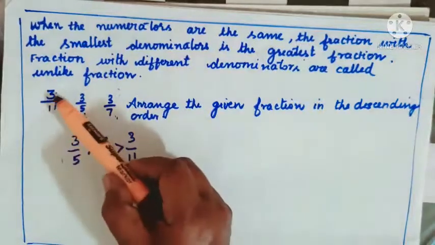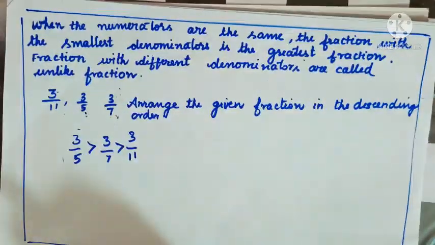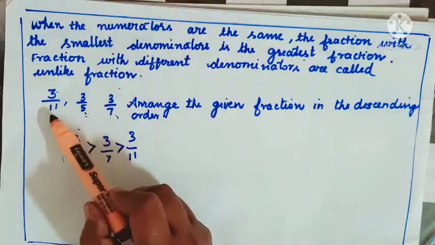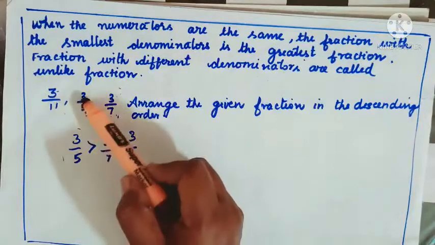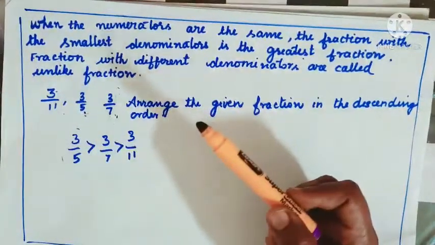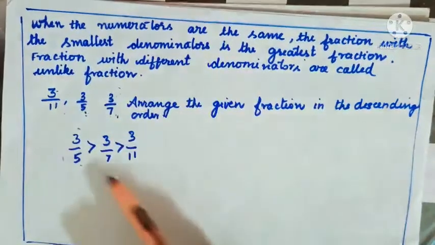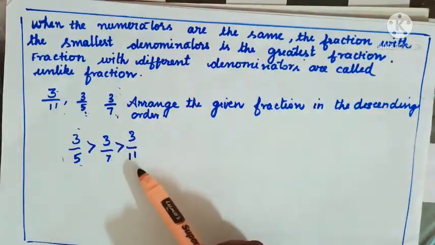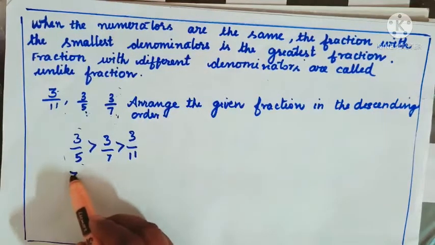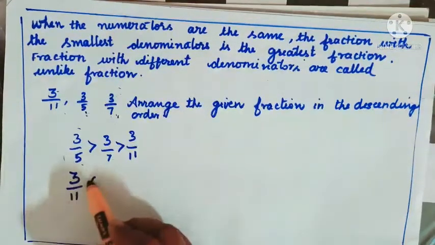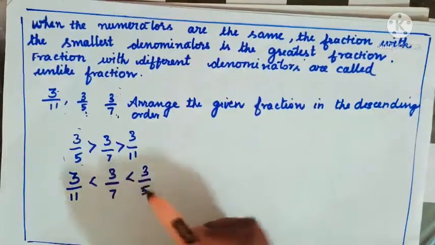Likewise, we are going to compare these. See here: 3 by 11, 3 by 5, 3 by 7. Which will be the smallest? 3 by 11 will be the smallest. Which will be the biggest? 3 by 5 will be the biggest. So 3 by 5, 3 by 7, 3 by 11 is the descending order. If I want to arrange in ascending order, 3 by 11 is less than 3 by 7, which is less than 3 by 5.